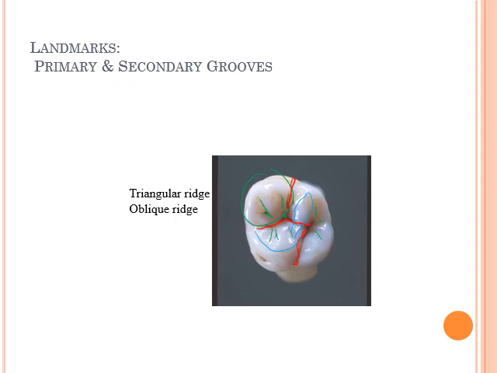And this ridge connects the distobuccal cusp with the distal cusp arm of the mesiolingual cusp. This forms the oblique ridge. So I made a lot of colors on this tooth, but make sure you look at the tooth and be able to identify it and its features, and read the definitions as well.